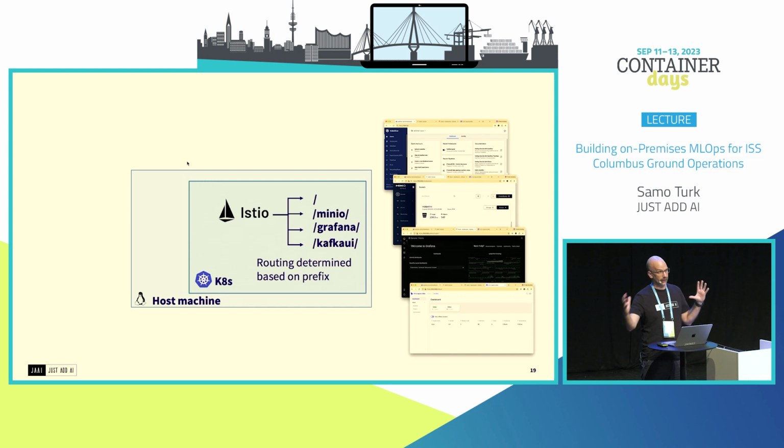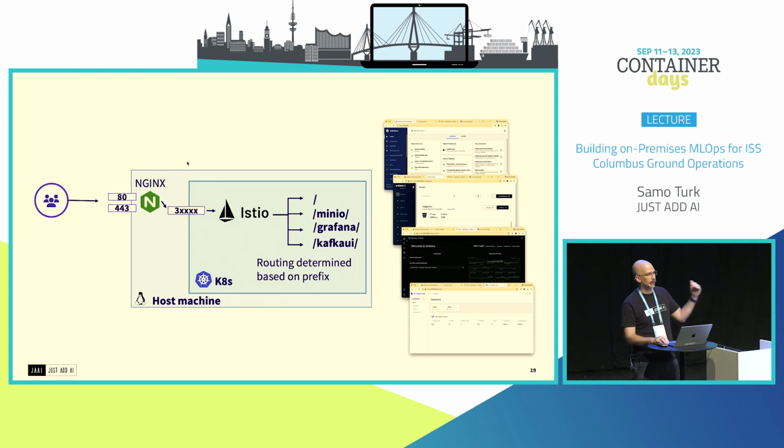Right, and this is internal communication, but then we still had to figure out how the users get in. Obviously, in cloud environments you have load balancers, and your cloud provider takes care of all those things for you. But bare metal is a different story. We thought about load balancers, and there's a thing called MetalLB, which is very powerful, but also seemed a bit of an overkill for us, especially for the number of users.